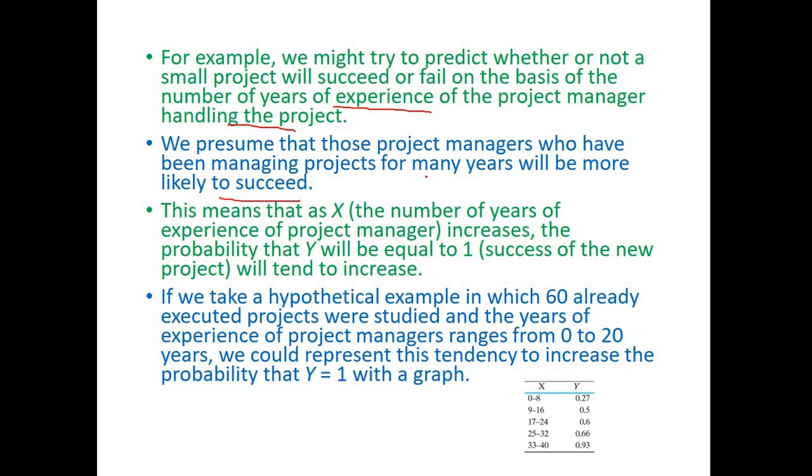If he has less experience, the probability of success of that project will be less. So we take a sample of 60 projects, and the number of years of experience of the project manager and the probability of success is given in this table for 60 projects.